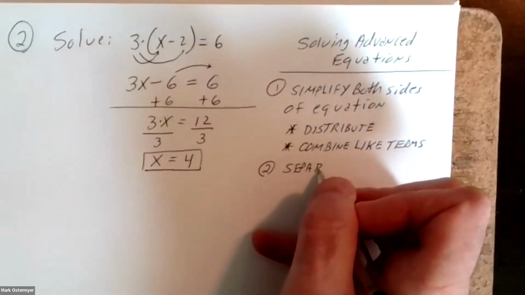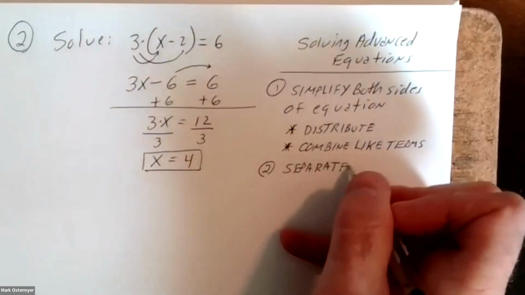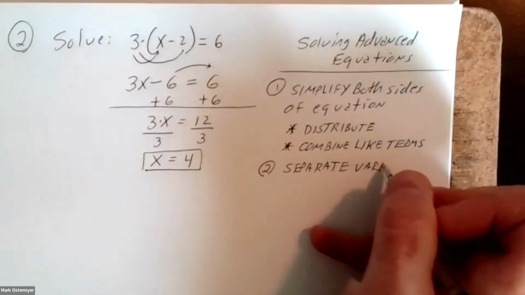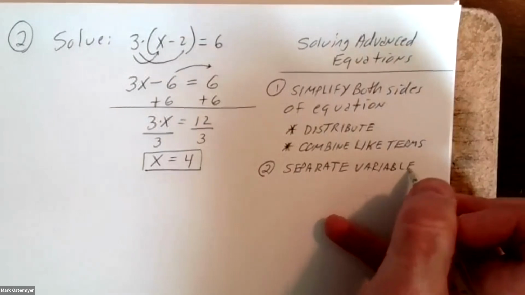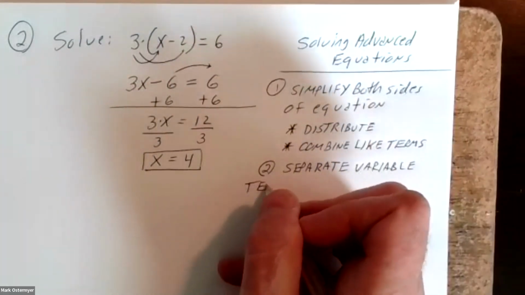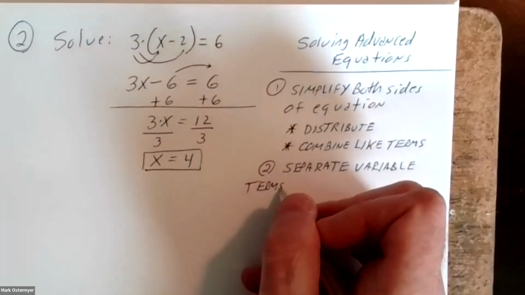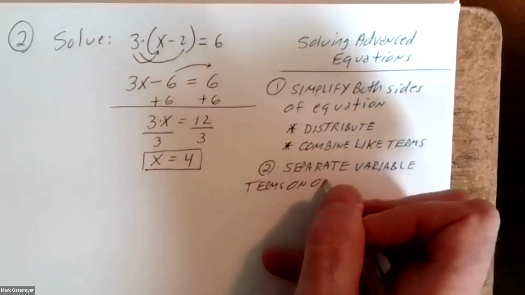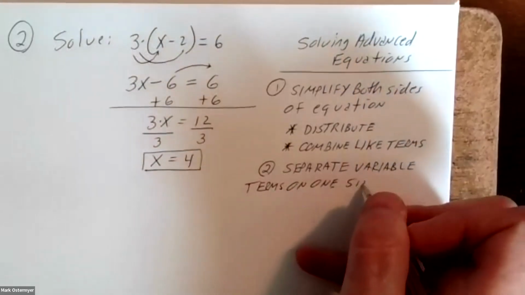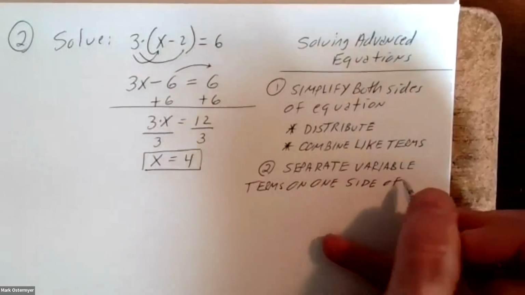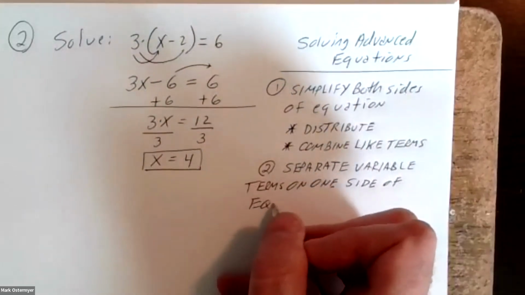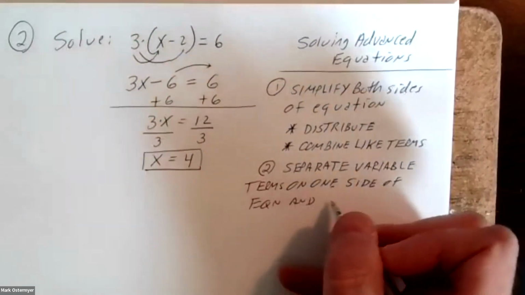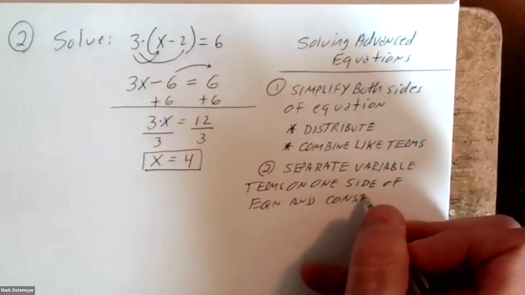We proceed to separate the variable terms on one side of the equation and constant terms on the opposite side.